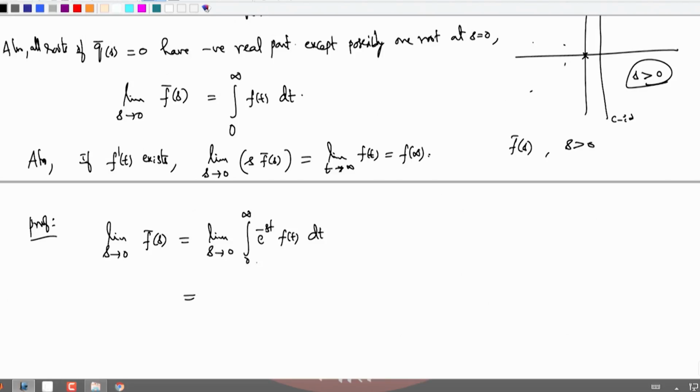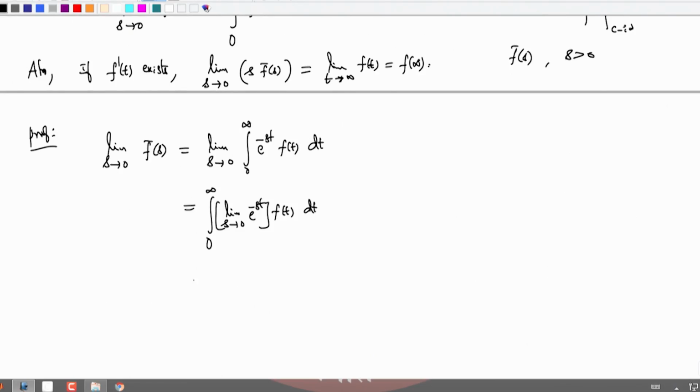Again, this is a Laplace transform, so this integral is uniformly convergent, so that I can take this limit inside as the s variable. So, you can take this inside, limit s goes to 0 of e power minus st f of t dt. If you calculate this limit, that is 1, s goes to 0. So, you have the integral 0 to infinity f of t dt.